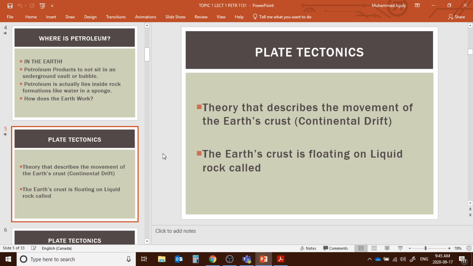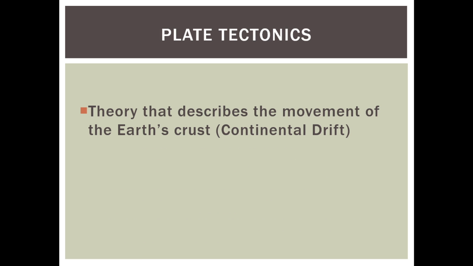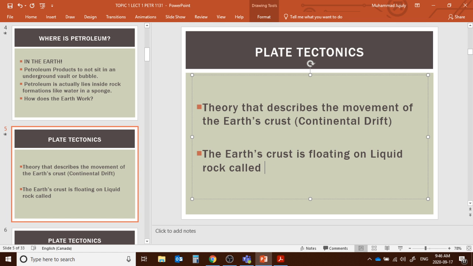In theory, this describes the movements of the earth's crust. We call it continental drift. The earth's crust is floating on a liquid that we call magma. I think something is missing over here. Sorry.